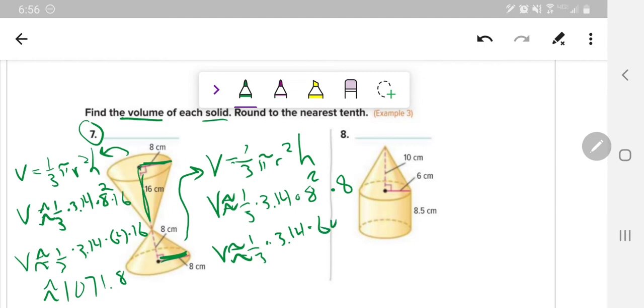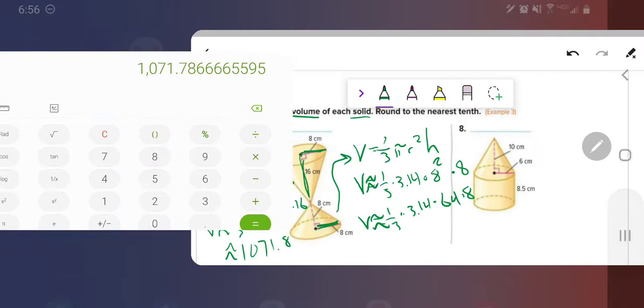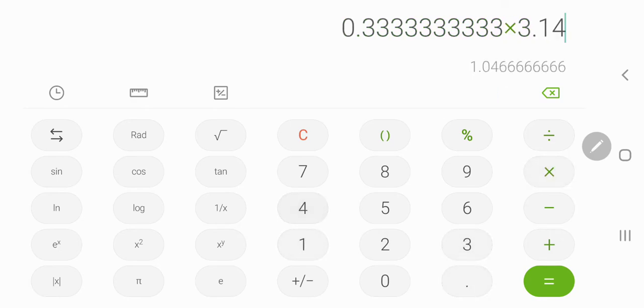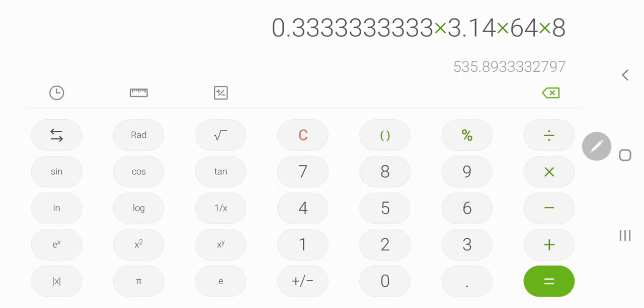And I have 64 again, but in this case I have 8. All right, let's use my calculator. 1 divided by 3 equals, then we're going to multiply it by 3.14. And we're going to multiply it by 64, and this time 8 instead of 16.